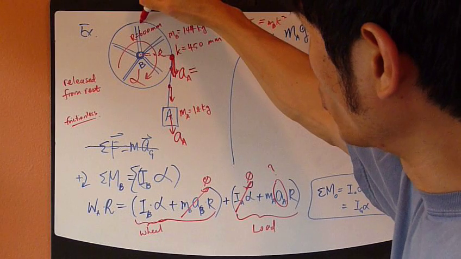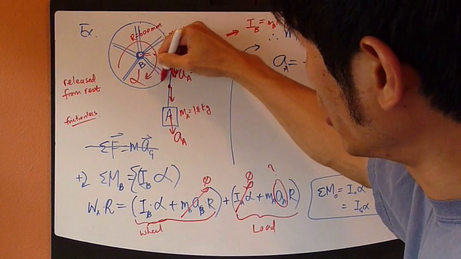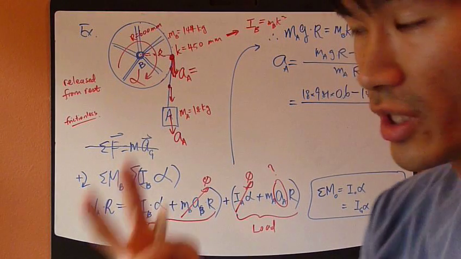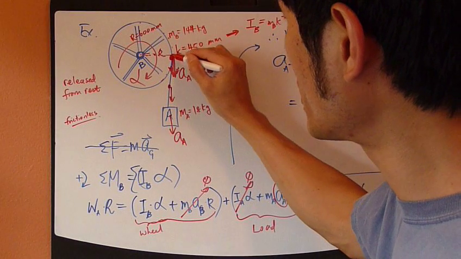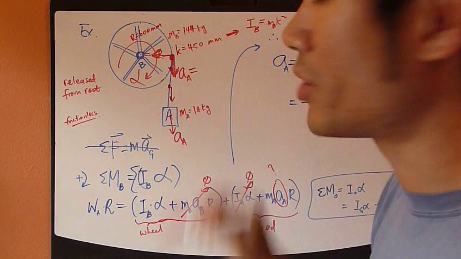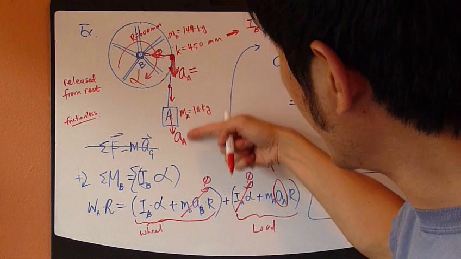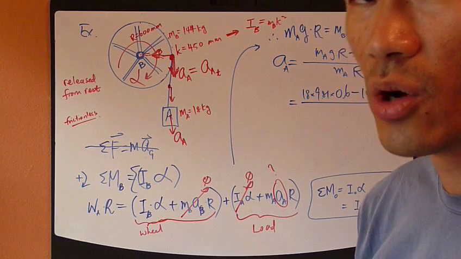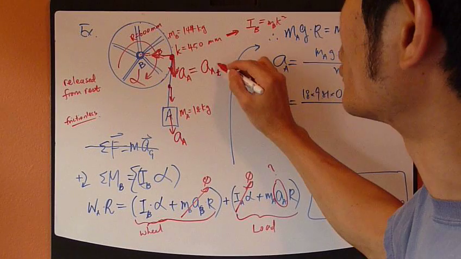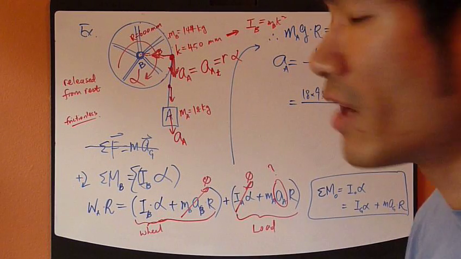This wheel follows this curved path, which means that you really have two components of acceleration: tangent component and normal component. So this a_A is really the tangent component of acceleration, which is R alpha.